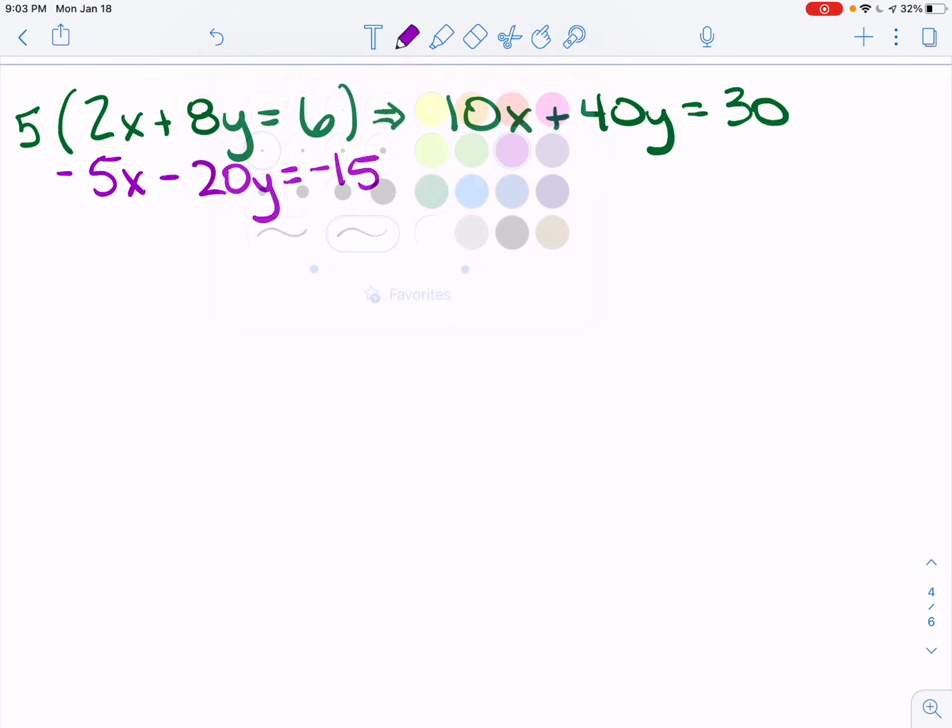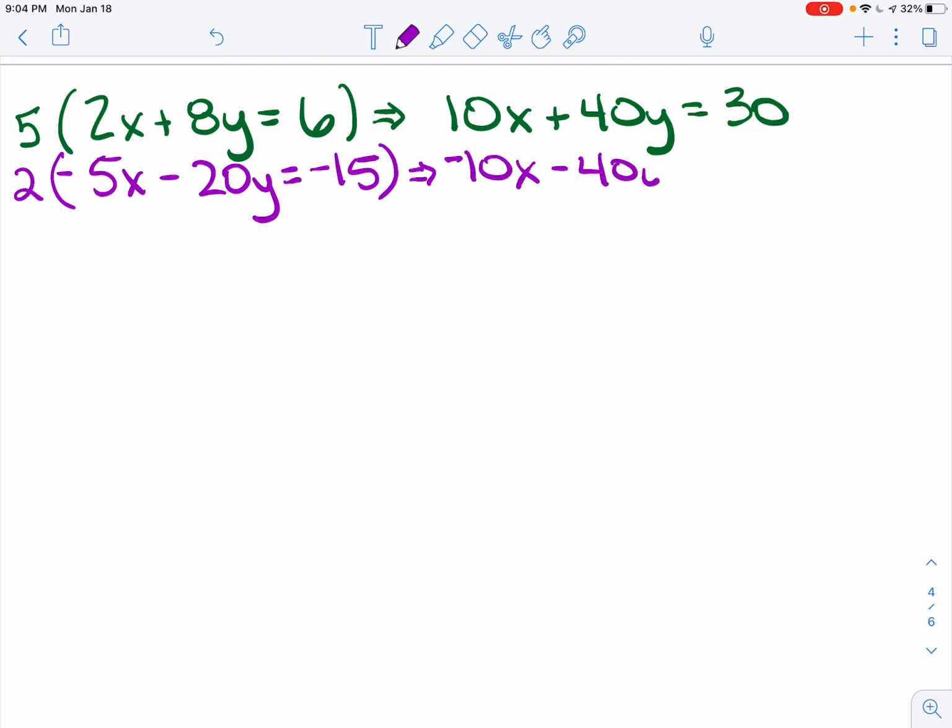So then I'm going to go down here to my second equation, and I'm going to multiply everything there by 2 because I want to make this a negative 10x. I'm trying to get the x's to eliminate. So 2 times negative 5 is negative 10x. 2 times negative 20 is negative 40, so I have negative 40y. And then 2 times negative 15 is negative 30.